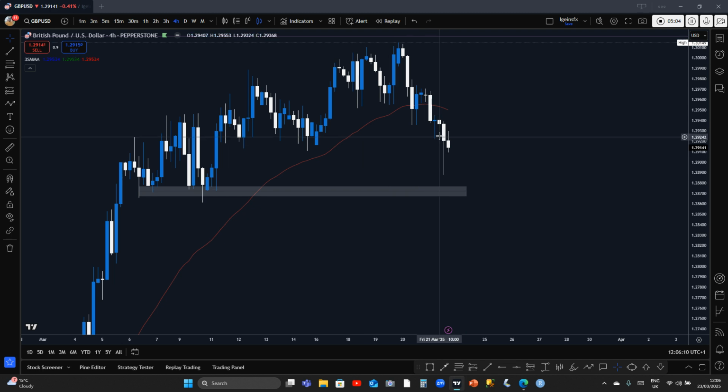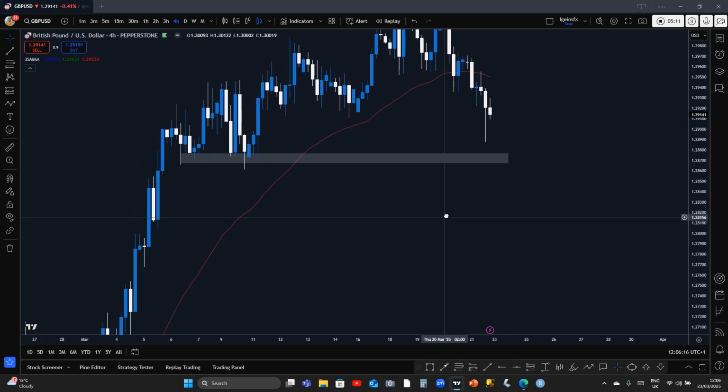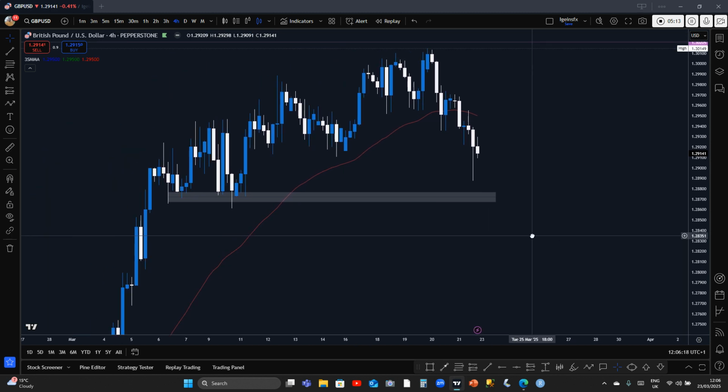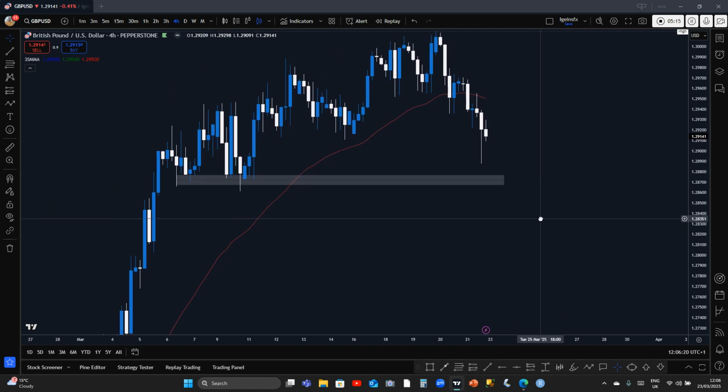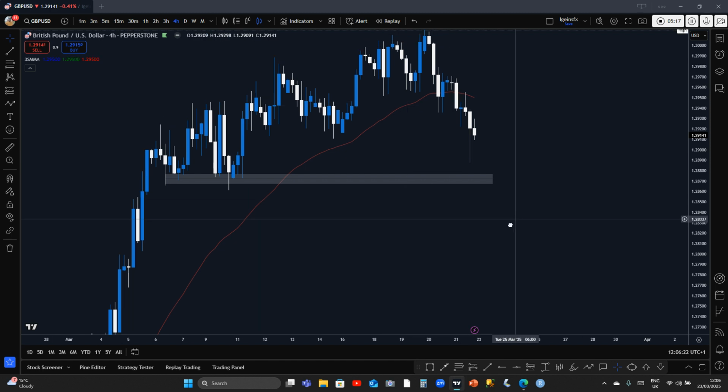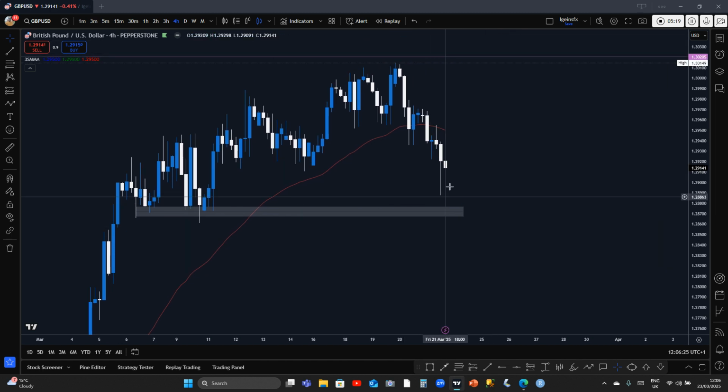So now that we are seeing a push, a kind of a retracement, what we need to do right now is that we need to wait. All right, we need to wait for this phase to be completed.